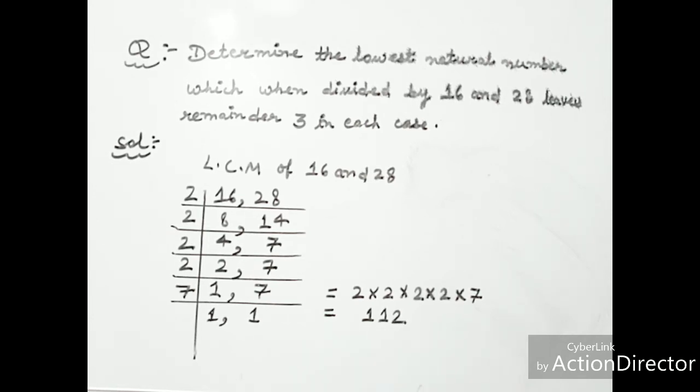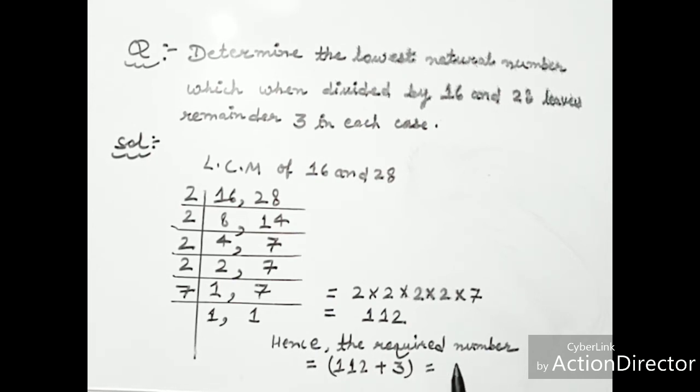and hence the required number which is divisible by both numbers and leaves remainder 3, so hence the required number is 112 plus 3, and 112 plus 3 is 115.